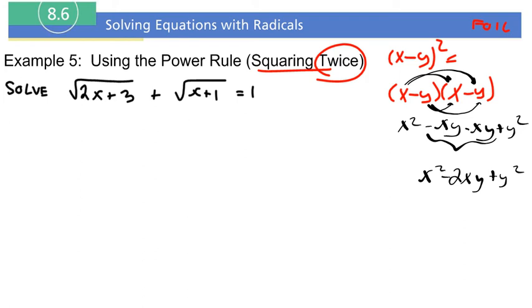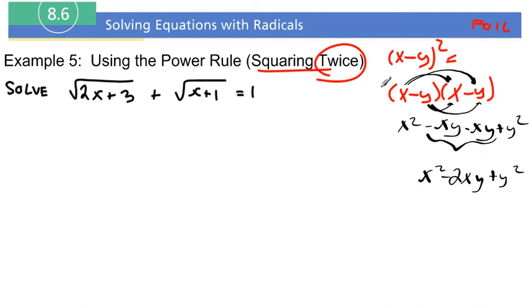I show that to you so that for (x minus y) squared, what you do is you square the first term, you take the x and the y term and multiply them by negative 2, and then you take the y term and square it. This is a shorter way instead of doing the whole FOIL method, and we're going to use this twice in our problem here.